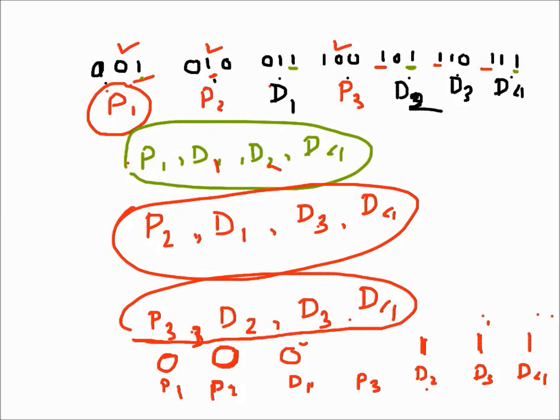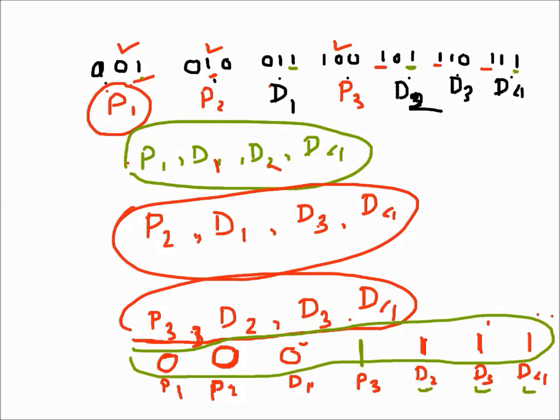There is a 1 here, a 1 here, a 1 here, 3 ones. So in order to make it even, P3 will be 1. This is the total 7 bits that will be transmitted: 3 parity bits P1, P2 and P3, which are 0, 0, 1, and the data 0, 1, 1. So this is how the Hamming code is formed.